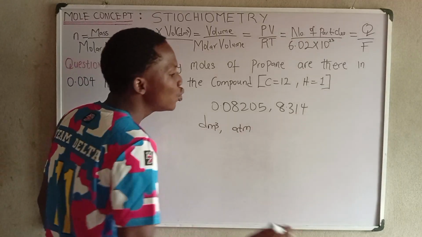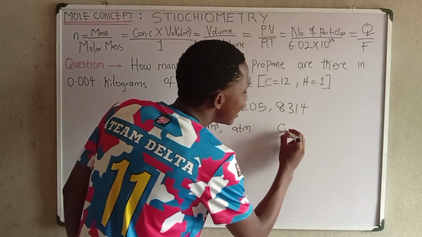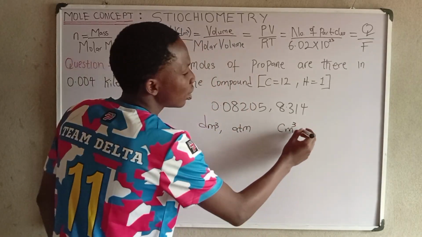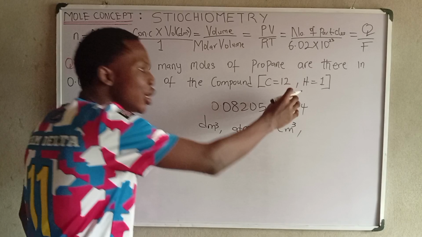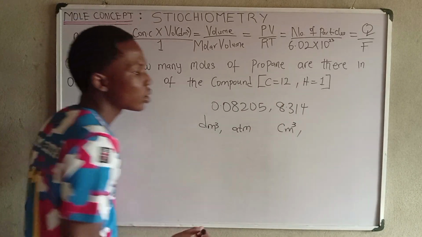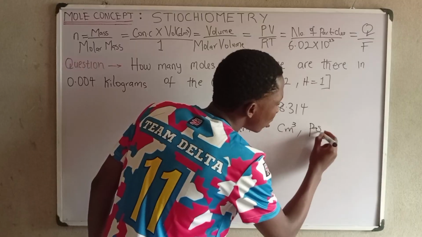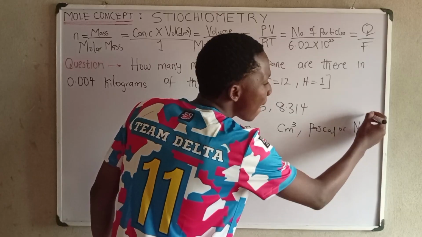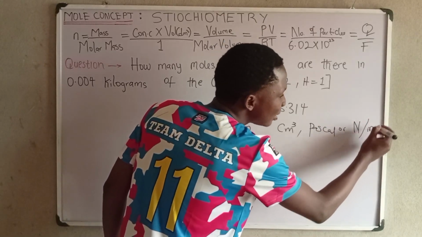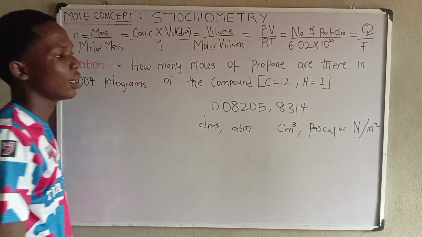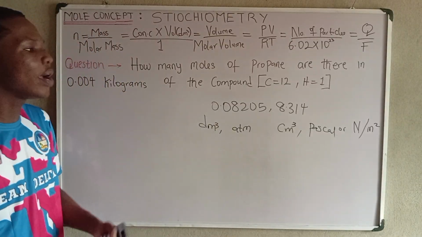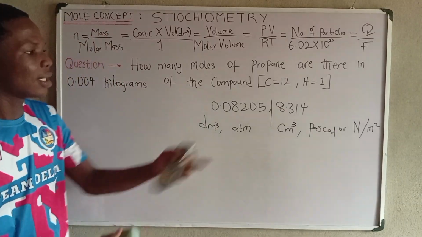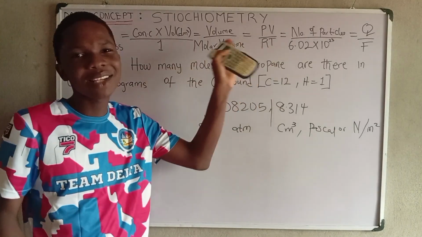This value can be used when our volume is in cm cube and our pressure will be in Pascal or Newton per meter square. Don't forget when and when you are to use these values for the molar gas constant.